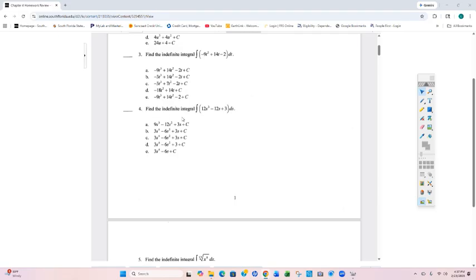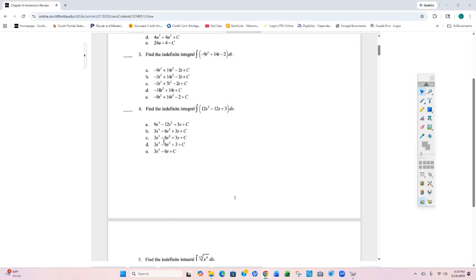Number 4, find the indefinite integral. The integral symbol, open parenthesis, 12s cubed minus 12s plus 3, close parenthesis, ds. So the integral of 12s cubed minus 12s plus 3 ds. A is 9s cubed minus 12s squared plus 3s plus c. B is 3s to the 4th minus 6s to the 3rd plus 3s plus c.